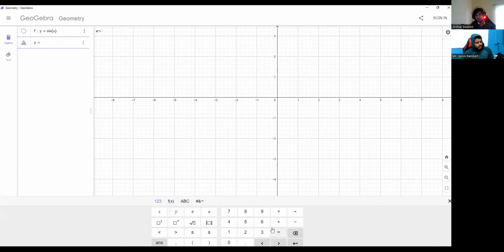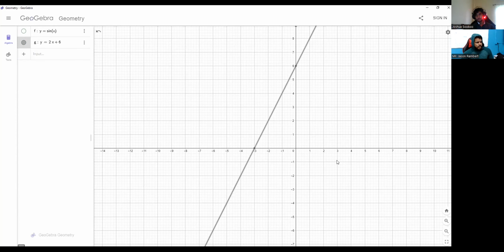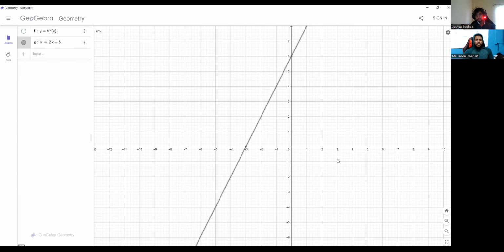If we had y is equal to some straight line, 2x plus 6, and I ask you, what is the value of y when x is minus 2? Well, I'll go on my x-axis, look for minus 2, go up and see where it touches the graph, and read the corresponding y coordinate.